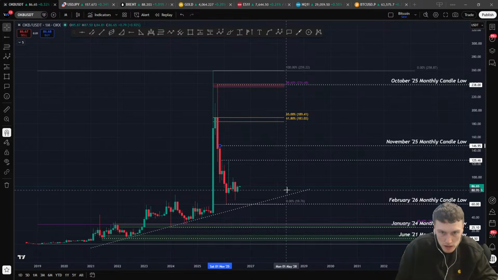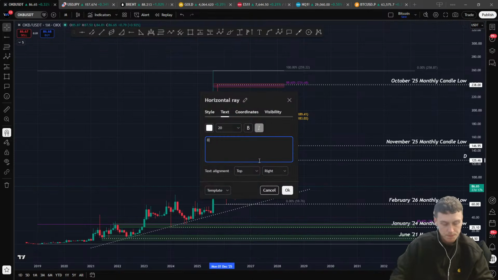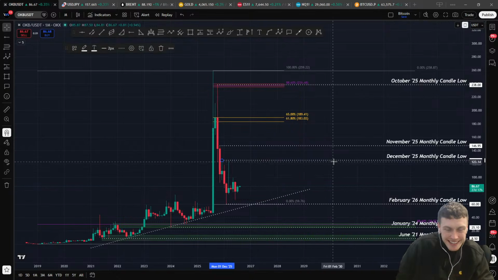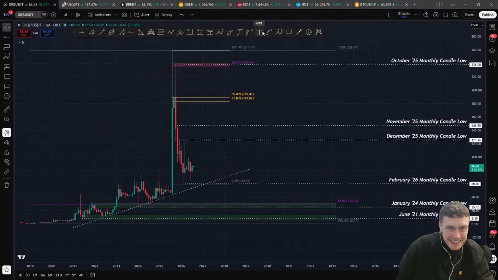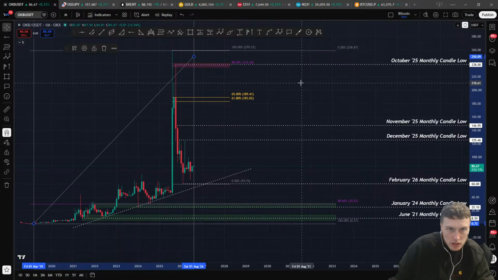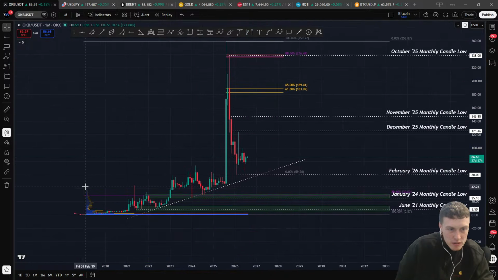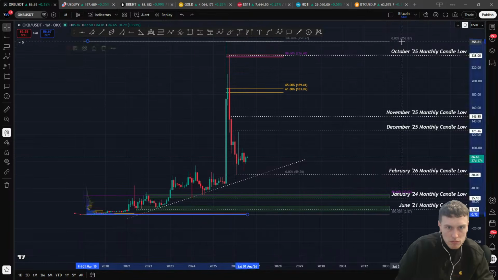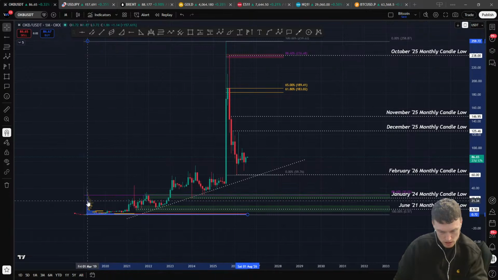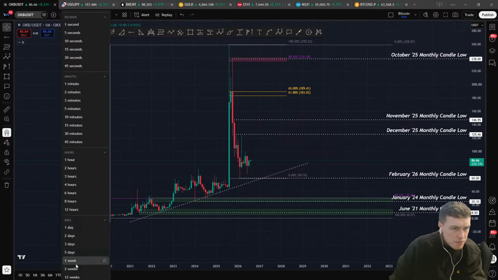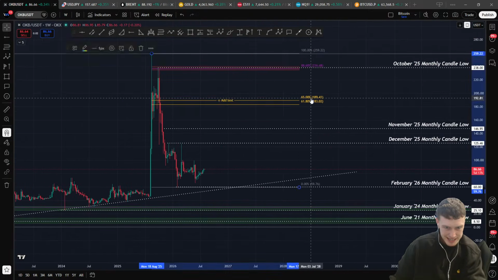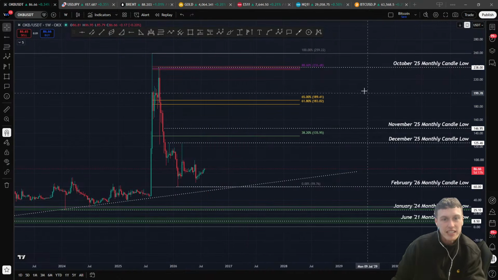But is it a copy to base? See what the volume looks like on this chart. Okay. Don't know what's happening now. Ah, that's right, the token burn.